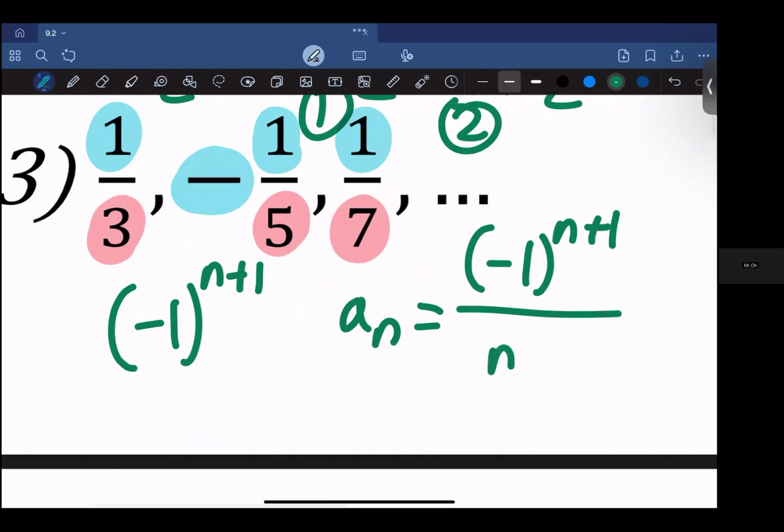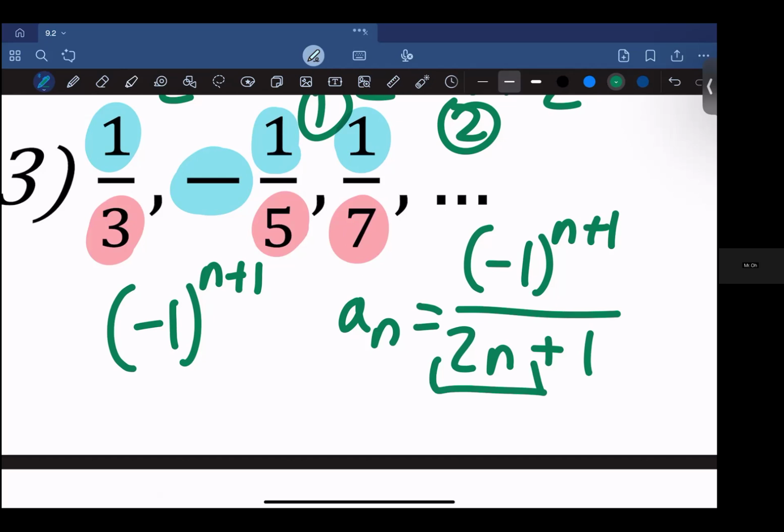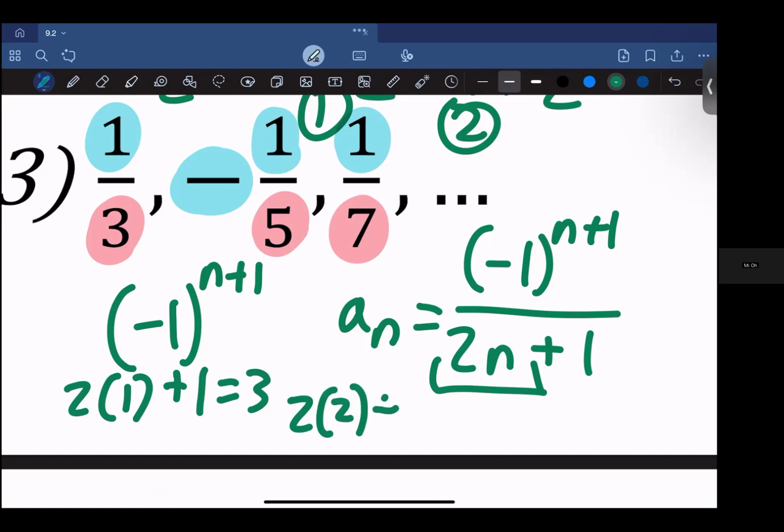So we know there's going to be an n here. And then there's also going to be a plus 1. So my inclination would be to have this 2, because when n is 1, we get the denominator of 3. When n is 2, we get a denominator of 5.